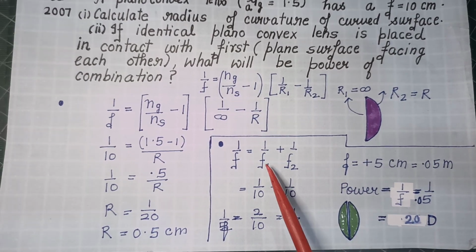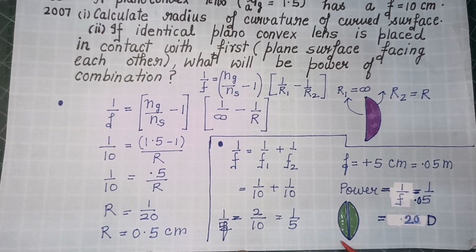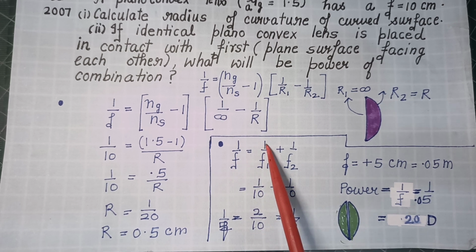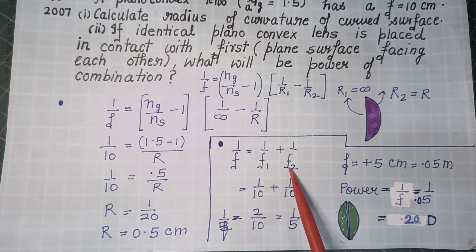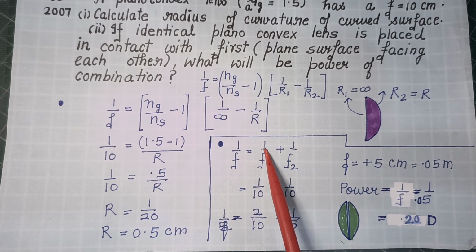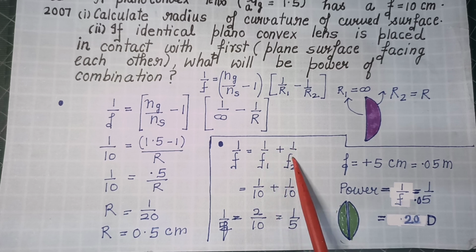Now the second part is saying that another same plano-convex lens is placed with this plano-convex lens in such a way that the plane surfaces of both the lenses are facing each other. Then find the focal length of the combination. So focal length of combination is calculated using the formula 1 upon f1 plus 1 upon f2. That is, power of the combination is equal to power of the first lens plus power of the second lens.